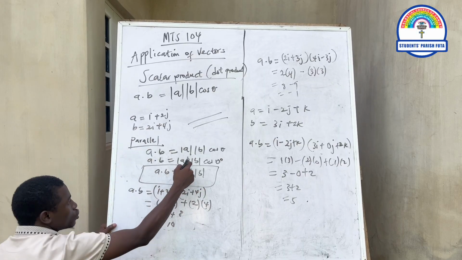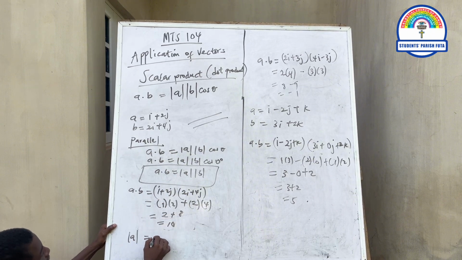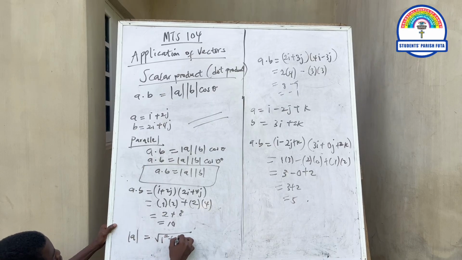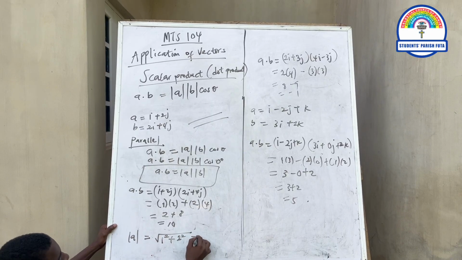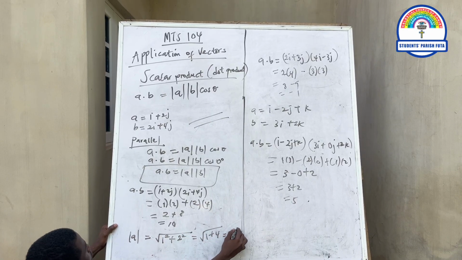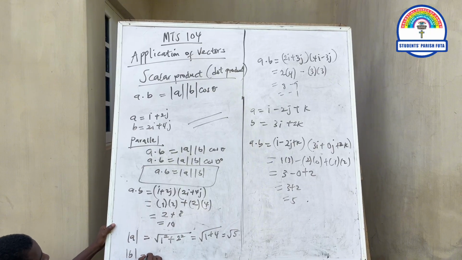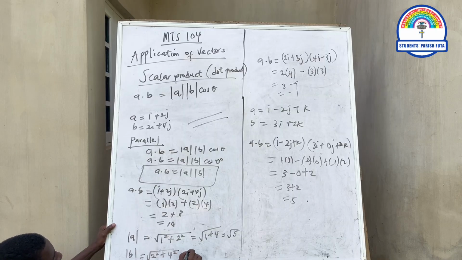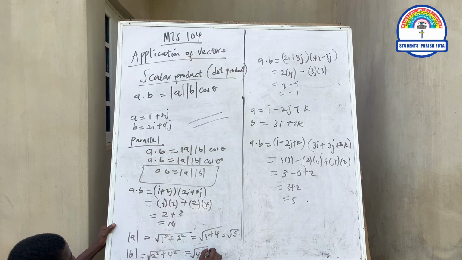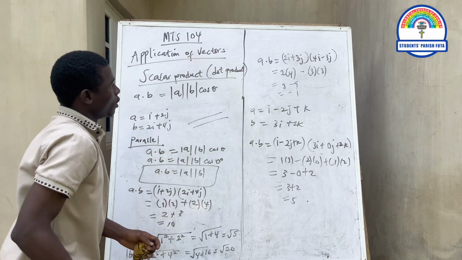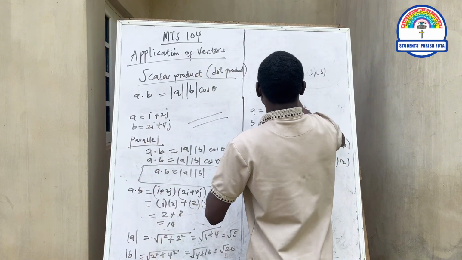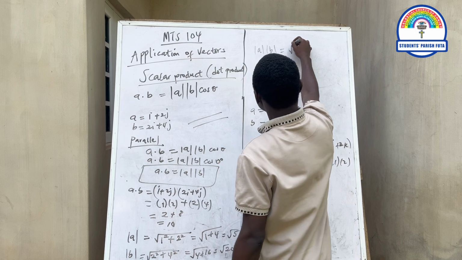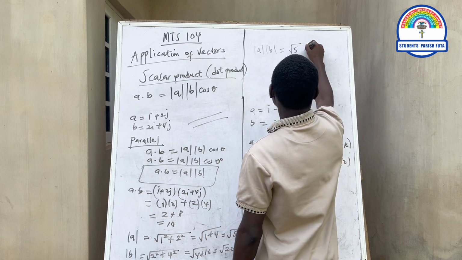Now let's get the modulus of A. The modulus of A is the square root of 1 squared plus 2 squared. That is the square root of 1 plus 4, which is the square root of 5. For B, the modulus is the square root of 2 squared plus 4 squared, that is 4 plus 16, the square root of 20. So the product of the moduli, modulus A times modulus B, gives you square root 5 times square root 20.